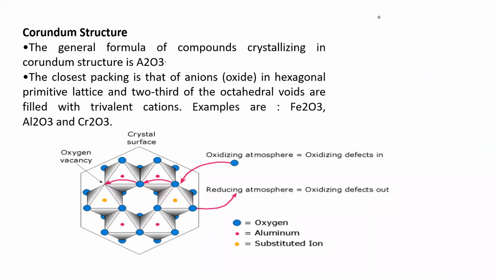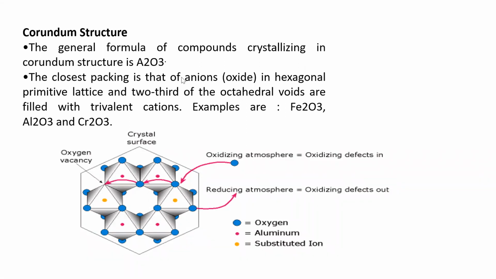Next, the corundum structure. The general formula of the compounds crystallizing in the corundum structure is Al2O3, that is A2O3 type. The closest packing is that of anions in hexagonal arrangement.